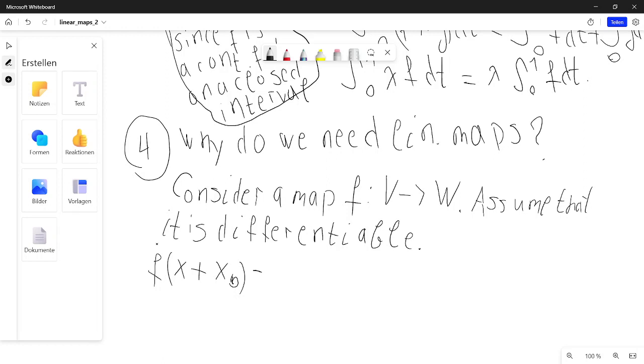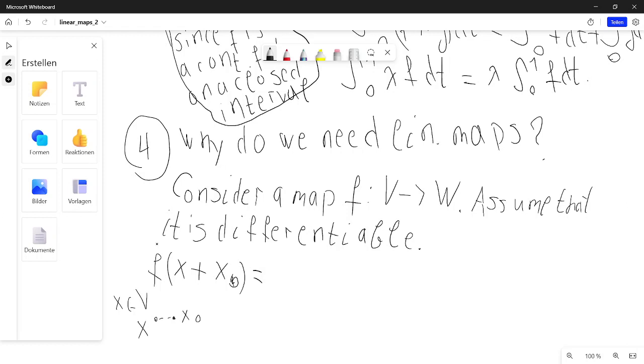Let's say we evaluate our map f at some x plus x0, where x is supposed to be a chosen point, and x0 is supposed to be a small deviation from this point. But the catch is now x is just any element in this V. So V could be R or R2 or even some crazy abstract vector space that we can't even imagine, right?